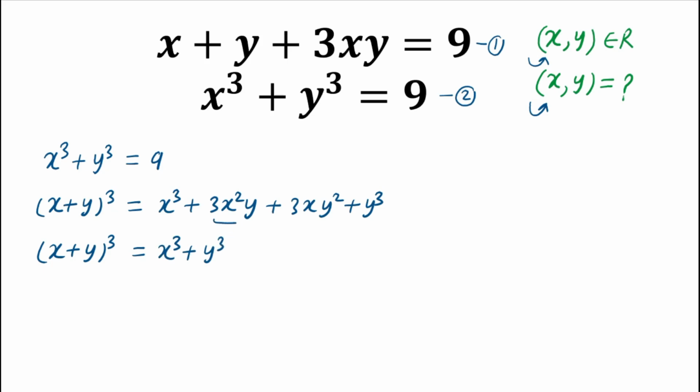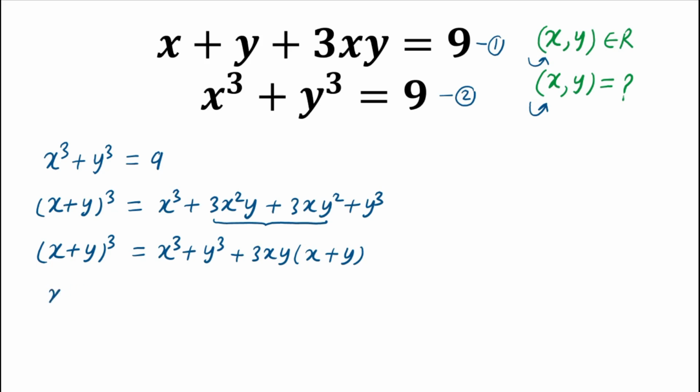Look carefully at these two terms, the common factor is 3xy. If we take 3xy common, 3x square y divided by 3xy gives x, and 3xy square divided by 3xy gives y.